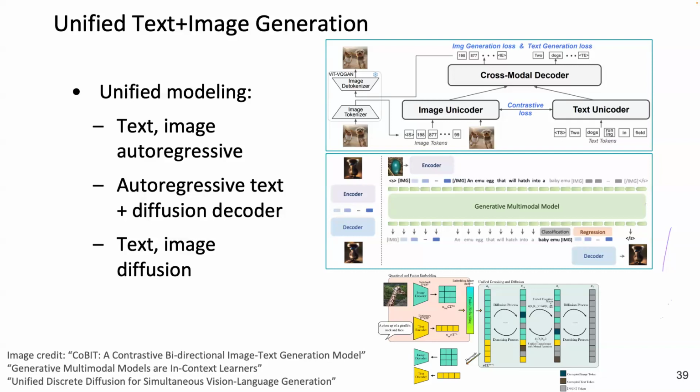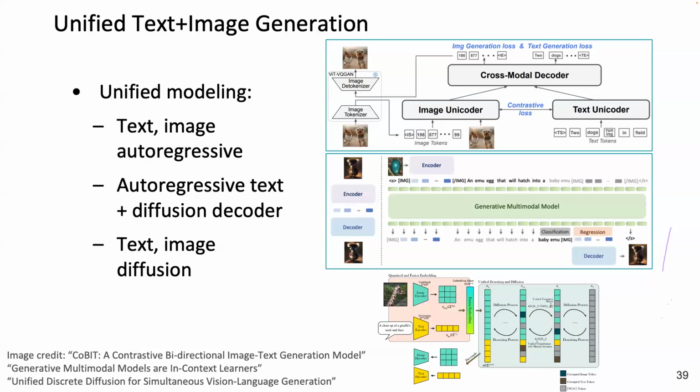For example, we can have images quantized using VQGAN into a set of image tokens, following image autoregressive generation, so that everything is token prediction. We can also have an autoregressive text decoder, for example, one of our large language models, to not only predict tokens but also some continuous features, which can later be sent into the diffusion decoder to bring us generated images.